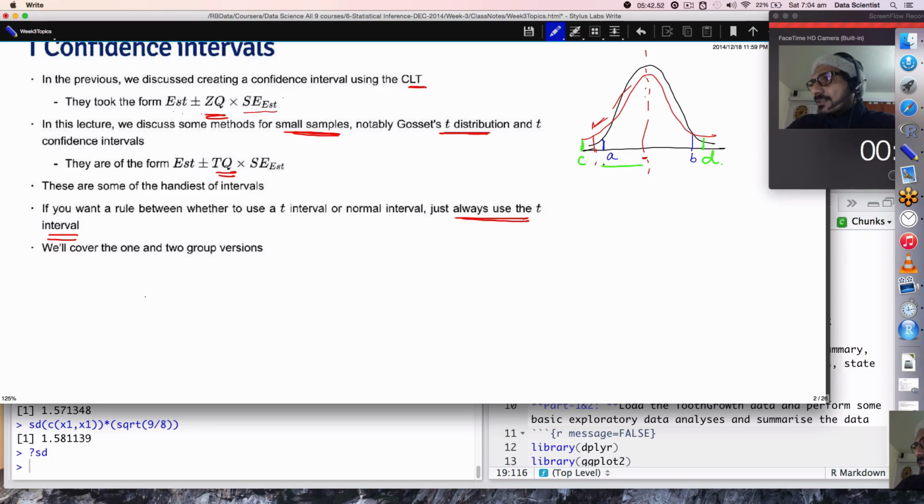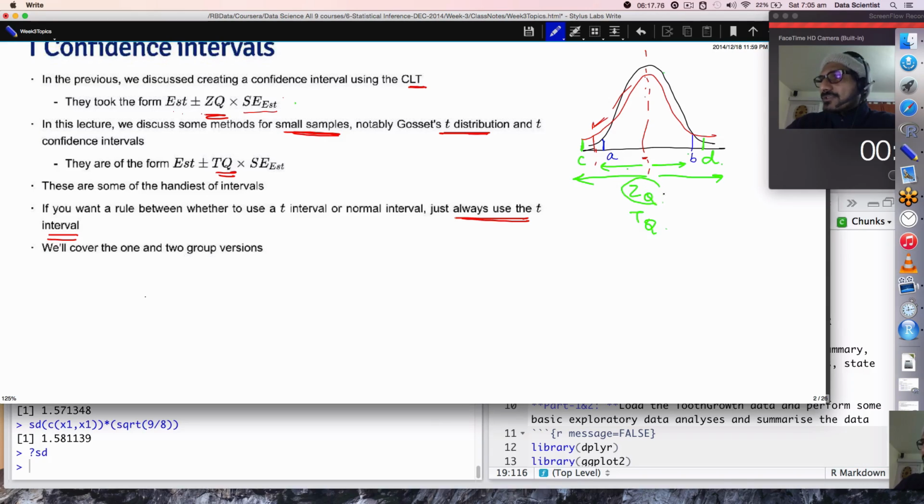Okay, so now what has happened? This length, which earlier was only this much, now has become this much, and on both ends, right? So if I was calling the length A or B equal to ZQ, I would call the length C or D equal to TQ. Is this fine? Now, in the normally distributed curve, when we created this equation, we were typically using the standard normal distribution, but that's not necessary.